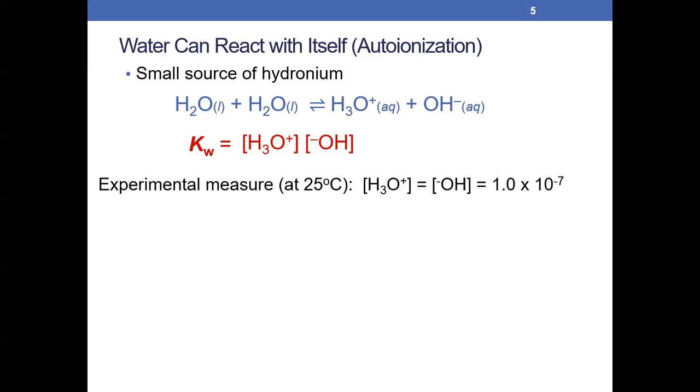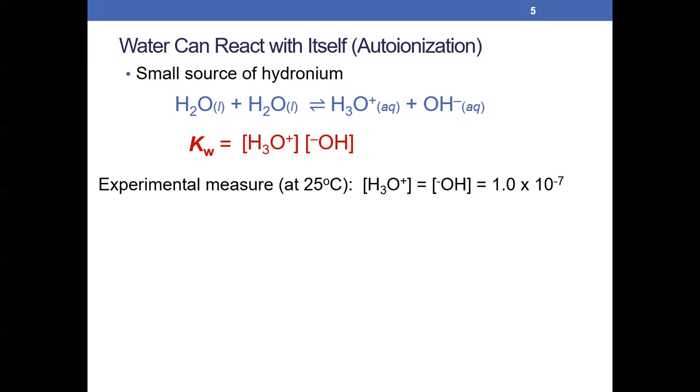At 25 degrees, we have determined that the concentration of H3O plus and the concentration of OH minus is 1 times 10 to the minus 7. They exist in equal concentrations because pure water has what we call a neutral pH, so we don't have an excess of acid or base.